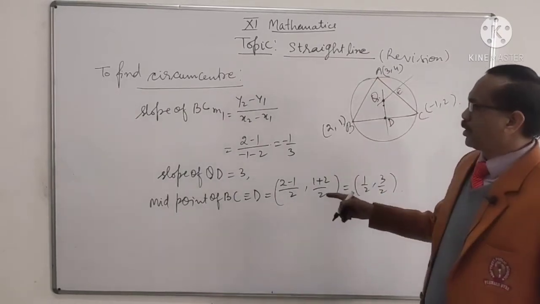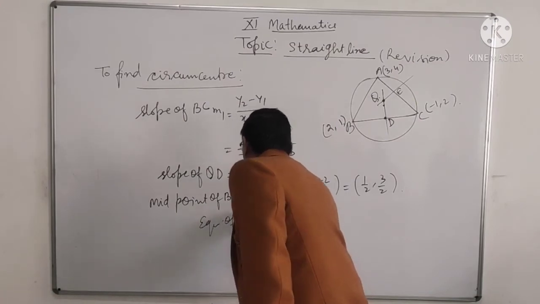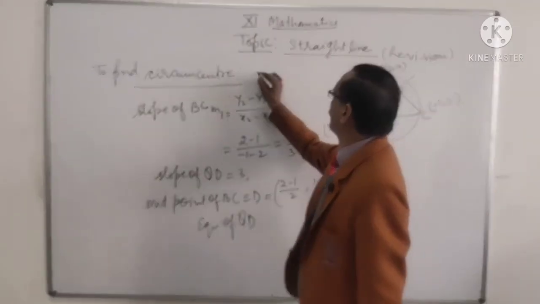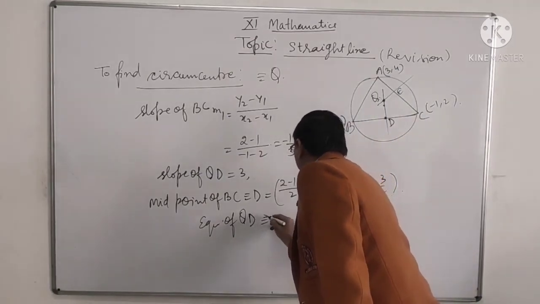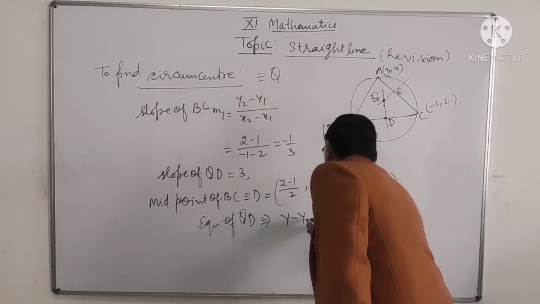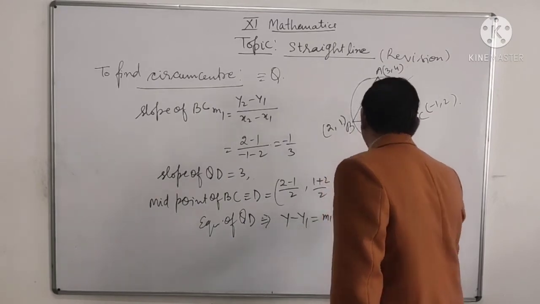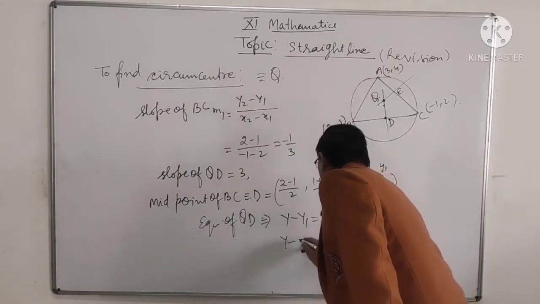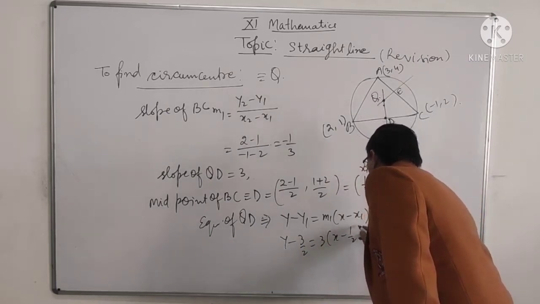Then equation of QD. Q is the circumcenter. So its equation, by using one-point form, is y minus y1 equal to m1 into x minus x1. Here it is x1, y1. So it is y minus 3 by 2 equal to 3 into x minus 1 upon 2.